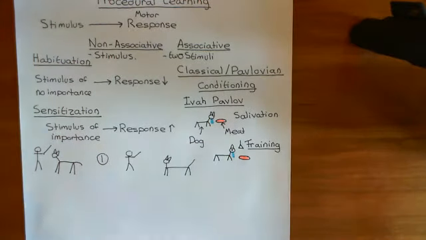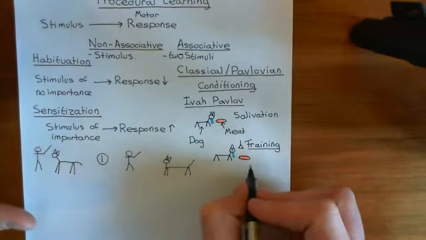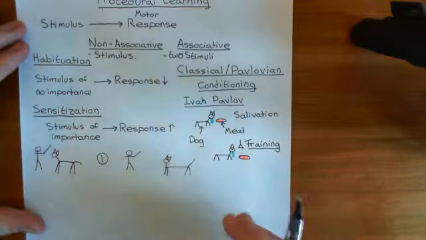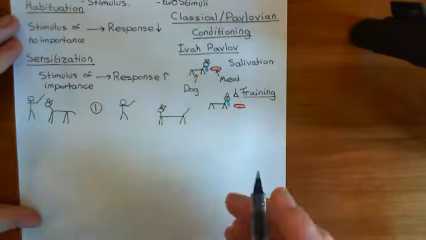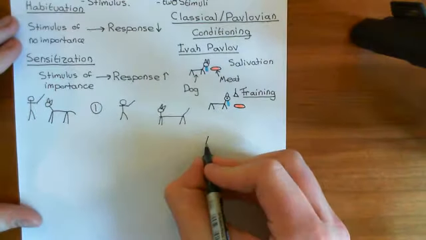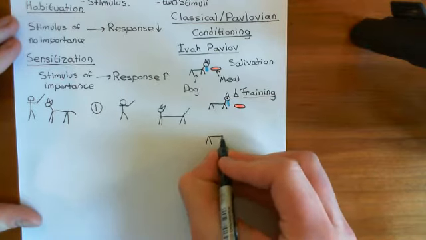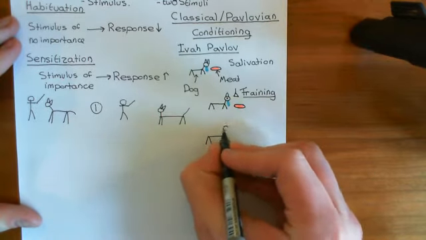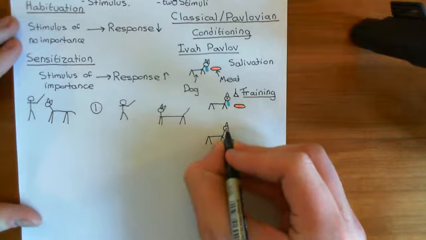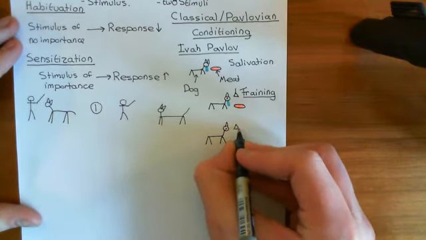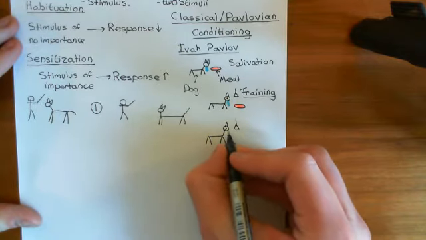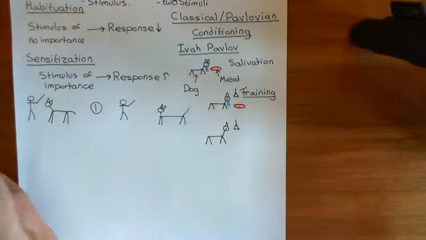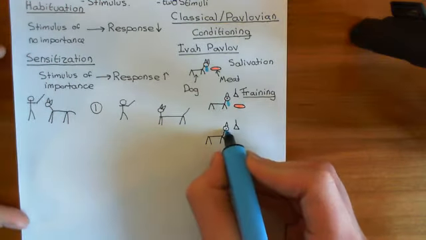You repeat this several times, and then you take the dog and ring the bell, and you don't show it the meat. We just ring the bell now, and the dog will salivate, just to the sound of the bell.